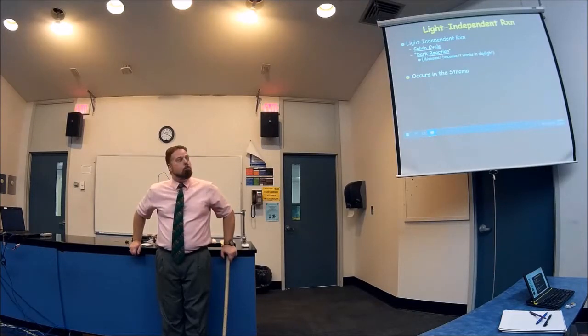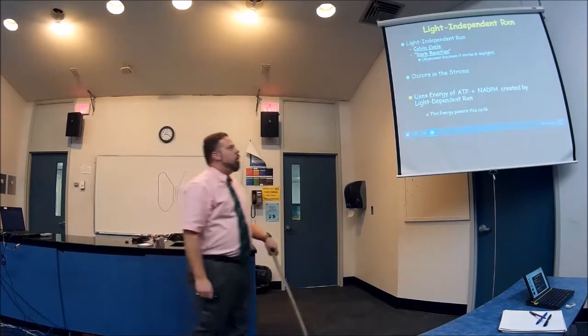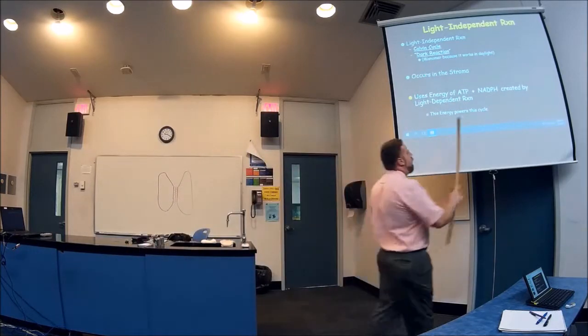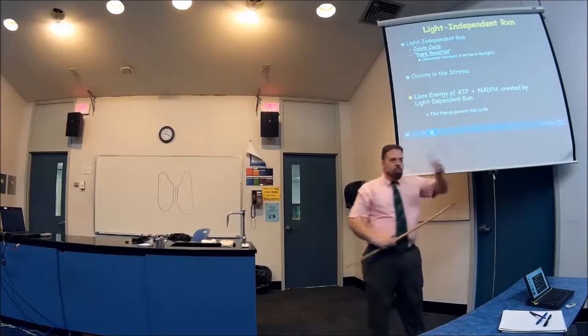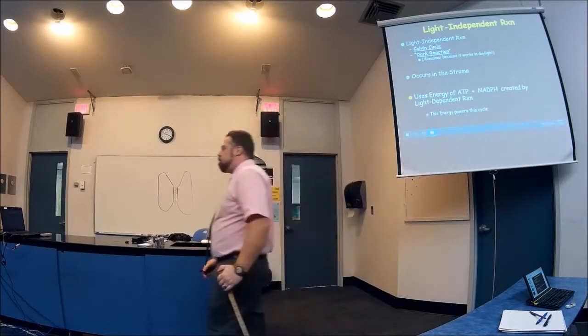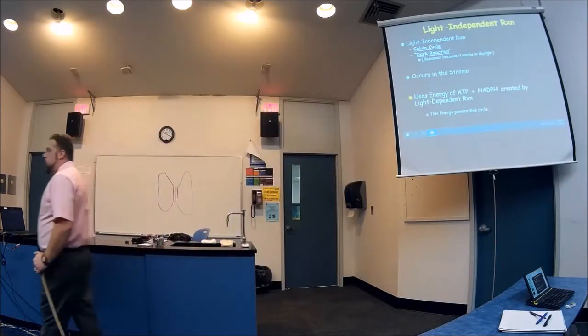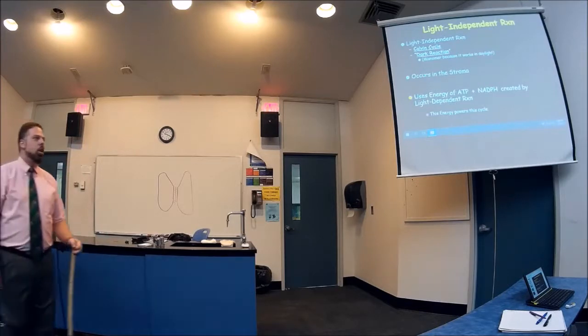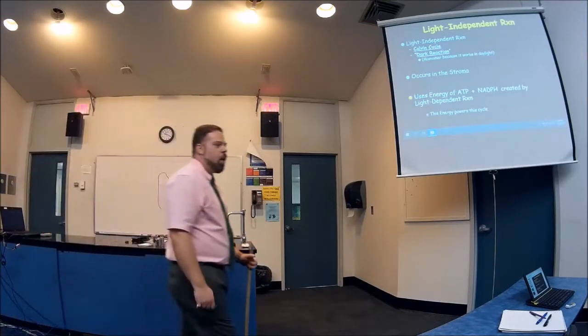Okay? This is going to use the energy of ATP and NADPH that was created by the reactions I was just showing you. And this ATP and NADPH is what's going to power this Calvin cycle.